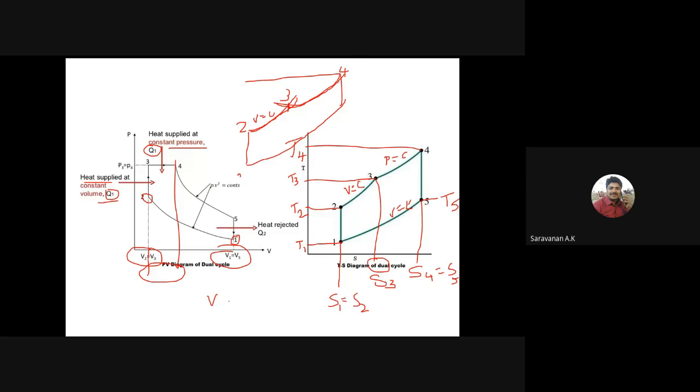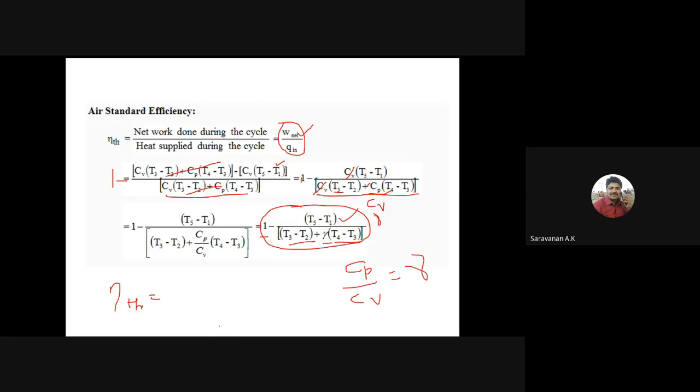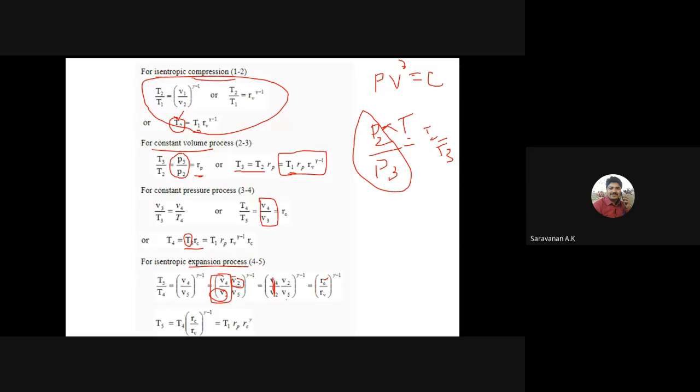Generally, the compression ratio is V1 by V2, and here the V1 value is equal to the V5 value, so V5 by V2 is the compression ratio. But here we use the reverse, V2 by V5. So for the isentropic expansion process, we can write in terms of the cutoff ratio as well as the compression ratio.